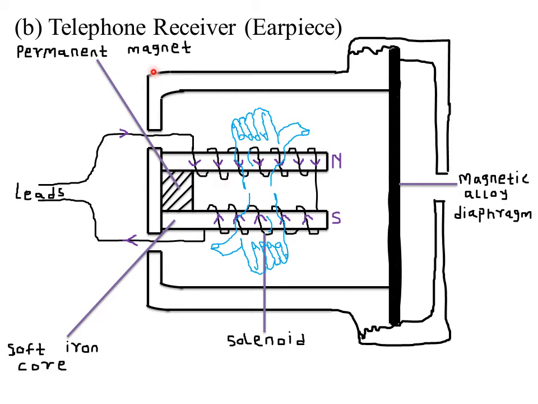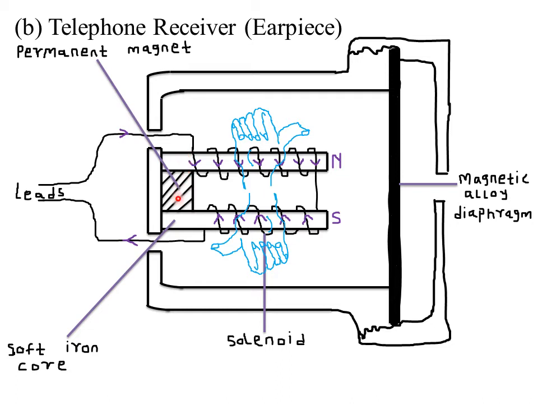So this is our permanent magnet, which is placed between the soft iron cores. This is our soft iron core, then this is also our soft iron core, then we have a permanent magnet here. Remember, the permanent magnet will always induce magnetism in the soft iron cores.